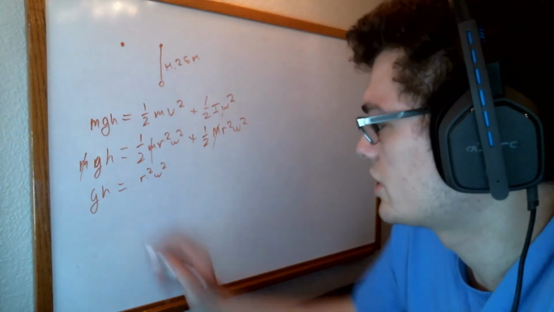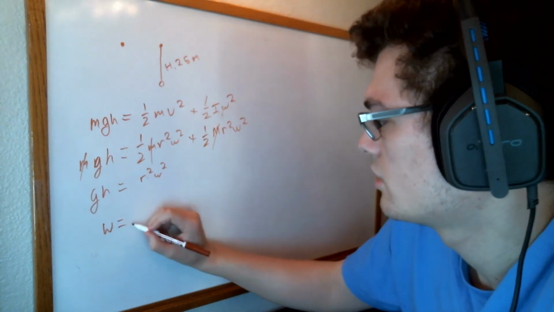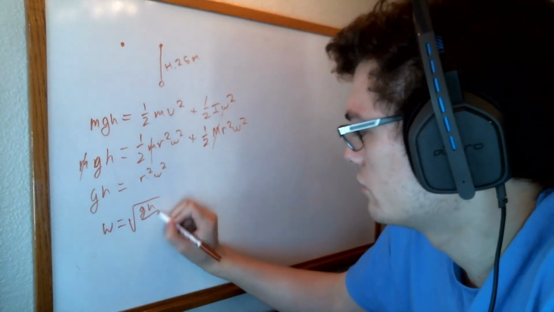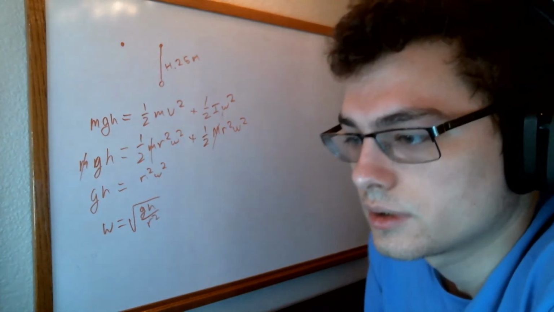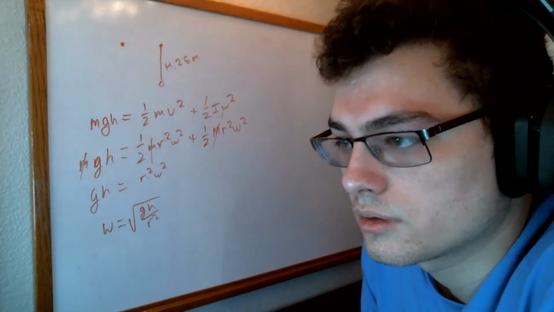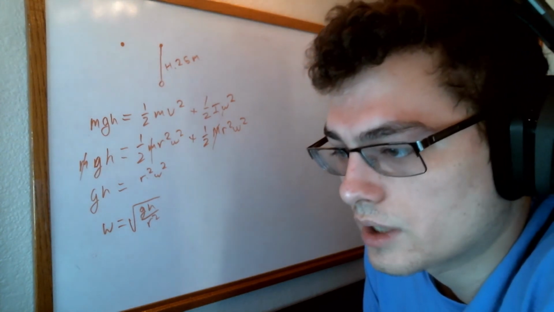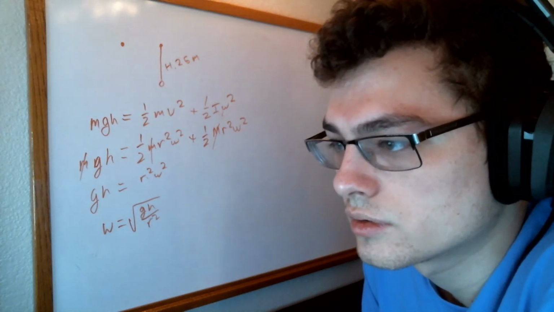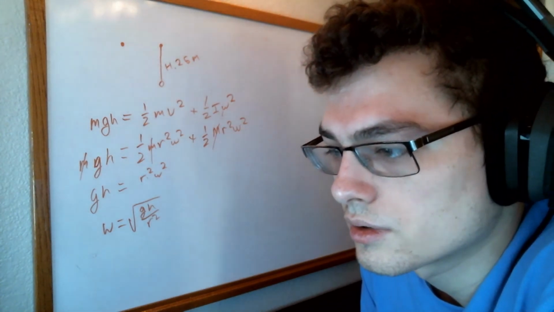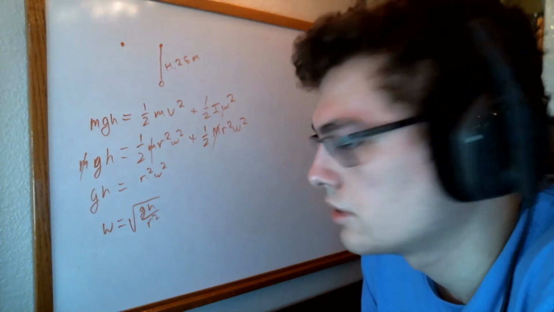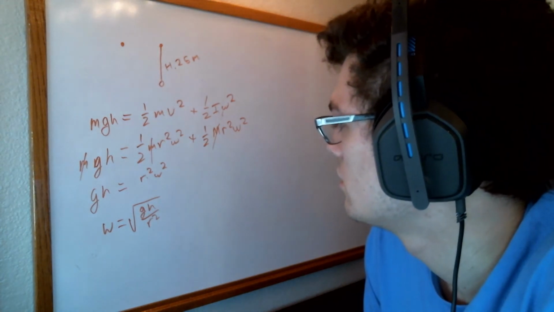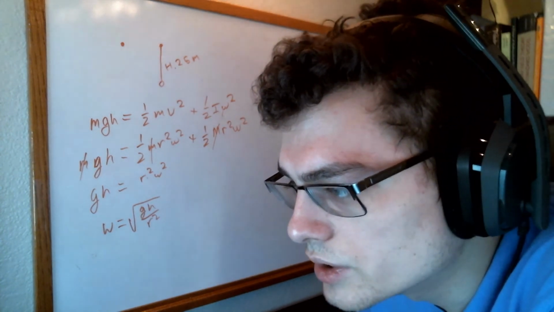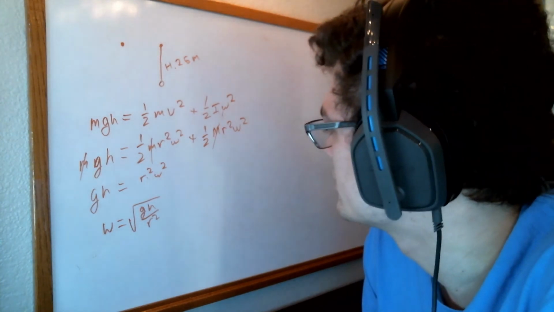And so then omega is going to be equal to gh over r squared. That should be reliant on your answer, because you're given what r is, and you're given what g is, and that should yield what your omega is afterwards.